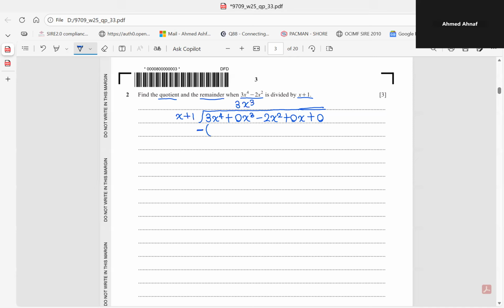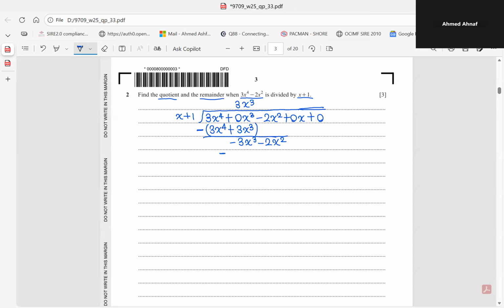So this would be minus 3x to the power 4 plus 1 times 3x cubed, which is just 3x cubed. So 0 minus 3x cubed, you get minus 3x cubed minus 2x squared. Okay, we can just bring these two down.